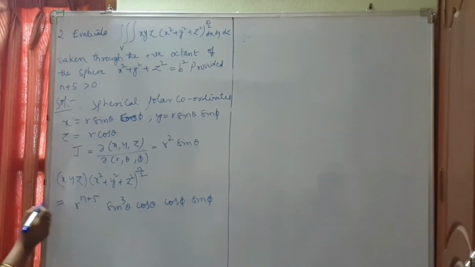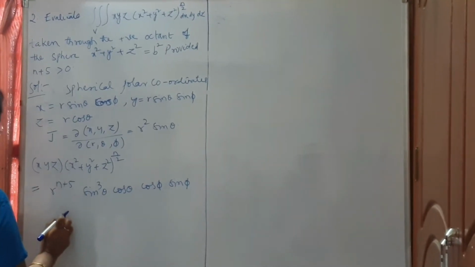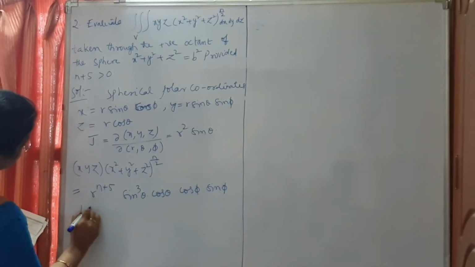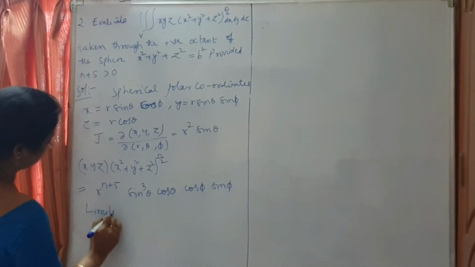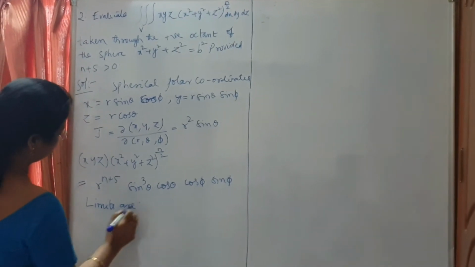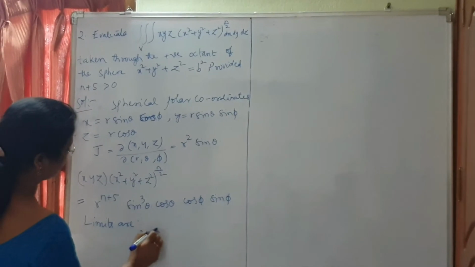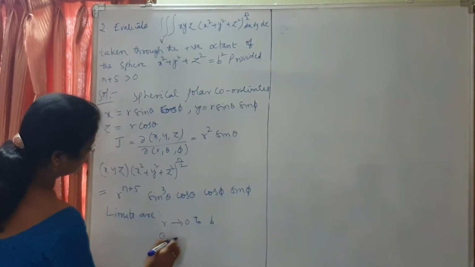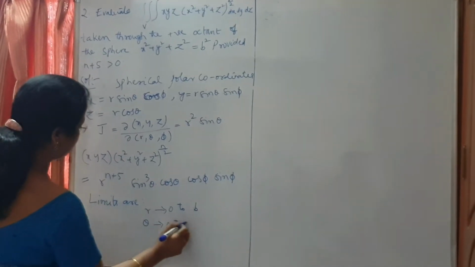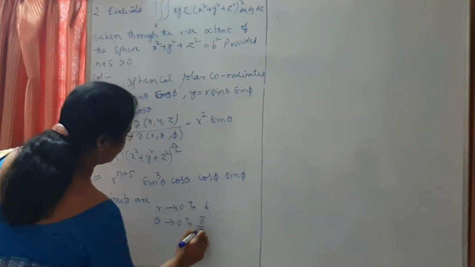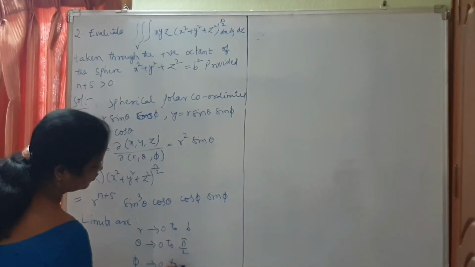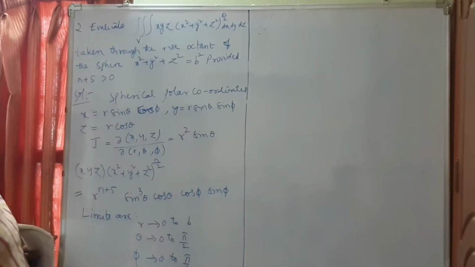Now the limits of integration come in terms of spherical polar coordinates. r varies from 0 to b, the radius of the sphere, theta varies from 0 to pi by 2, phi varies from 0 to pi by 2.